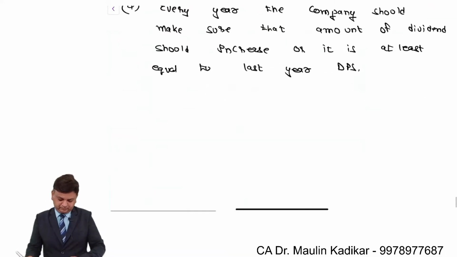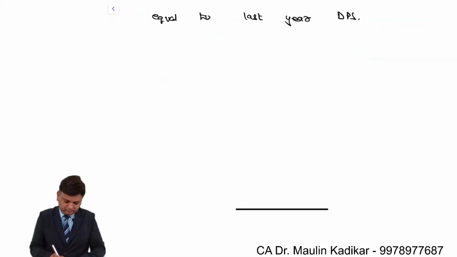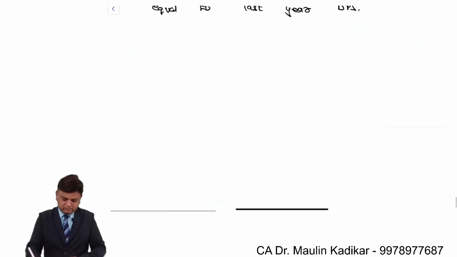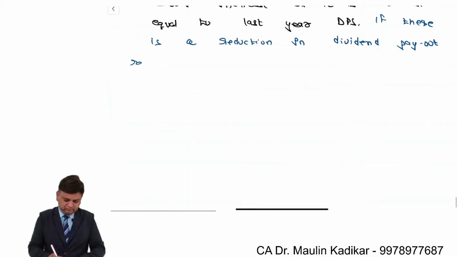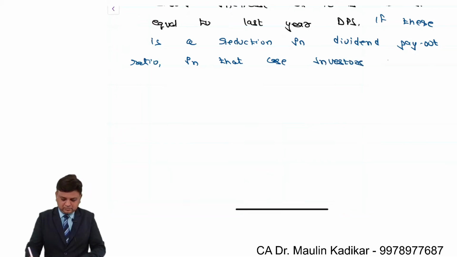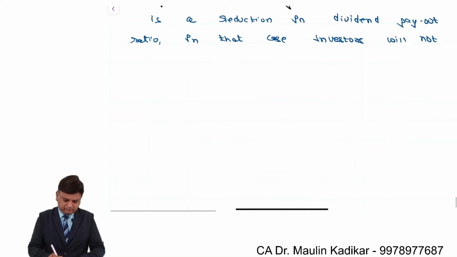Full stop. If there is a reduction in dividend payout ratio, in that case investors will not have any objection. Full stop.